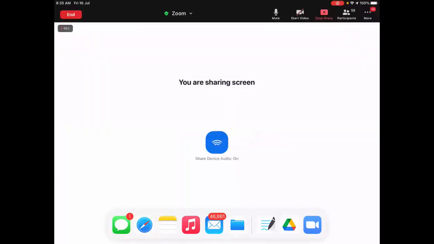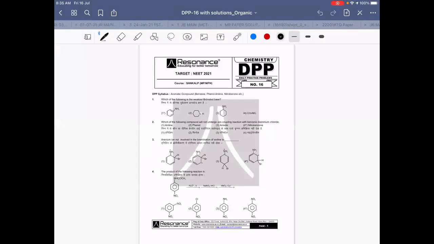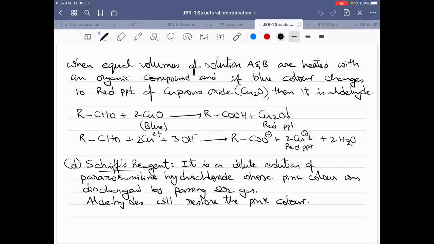Okay, so we'll go on. Up to here we have taken, is it? Till Schiff's reagent.